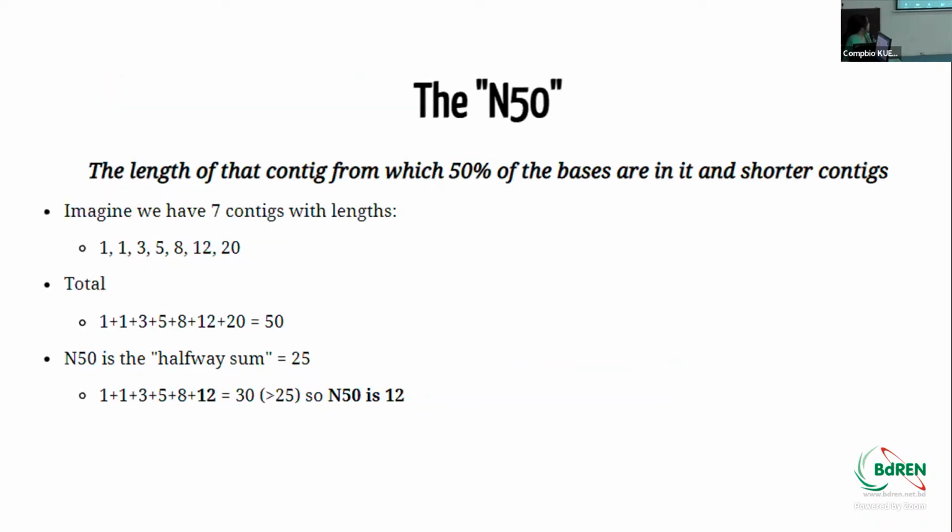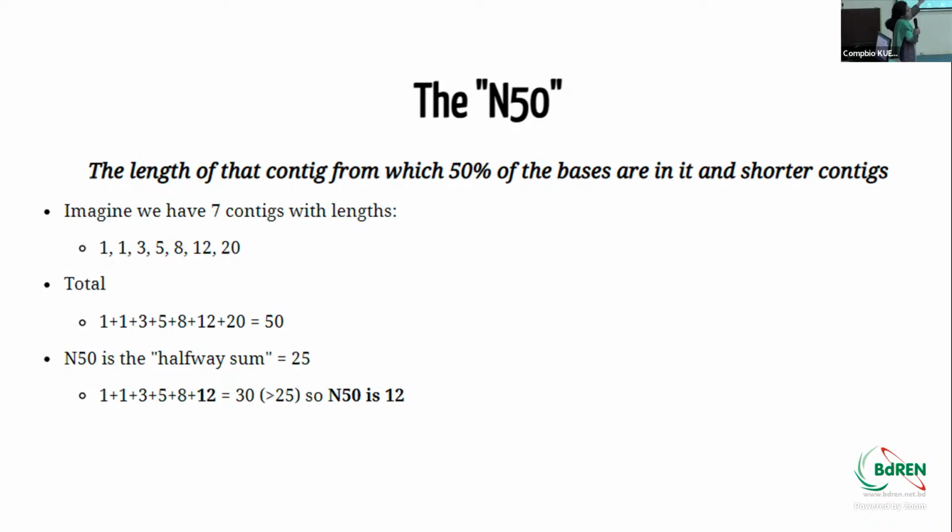So what is N50? It is the length of the contig such that 50% of the bases are in it and shorter contigs. Say you have 100 or 1,000 contigs, and here imagine you have 7 contigs. You need to sort them first, right?